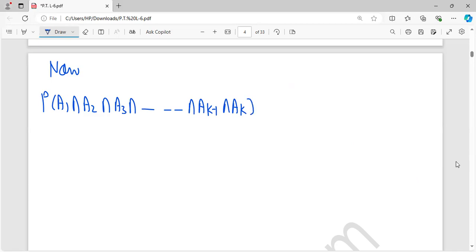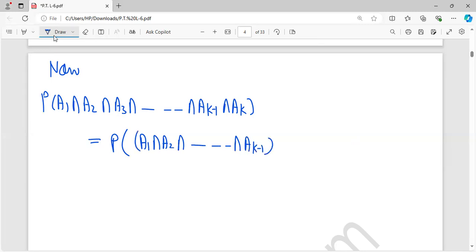Okay. So what I will do, I will consider this as a, so I can write A1, I can write AK here, I can write A1 intersection A2 intersection up to AK minus 1.